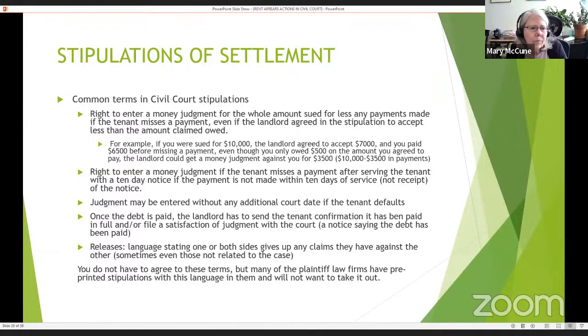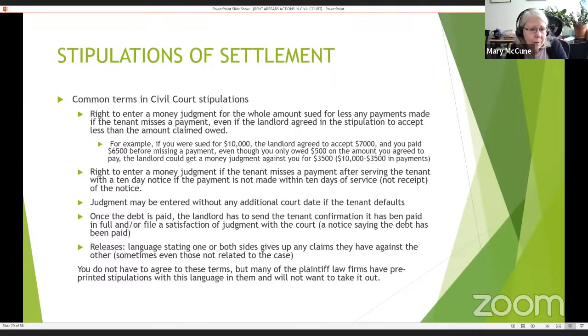Unfortunately, and I don't know the history of this, but I was shocked as a housing attorney when I started in civil court that a lot of the unrepresented consumers were ending up with stipulations that said the creditor would accept, maybe you owe $10,000, but the creditor, in this case it would be the landlord, would agree to accept like $7,000.